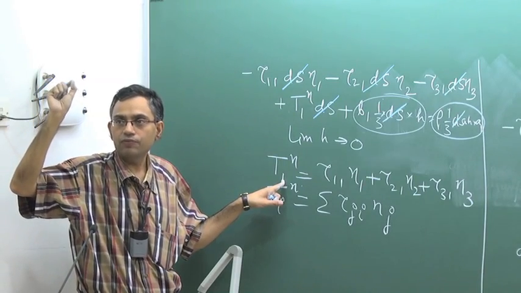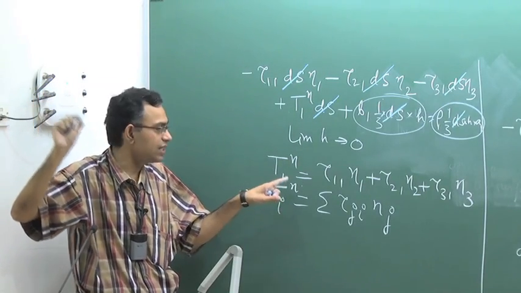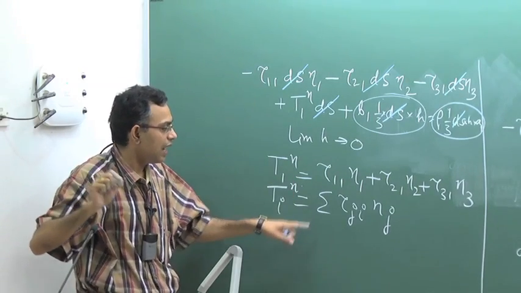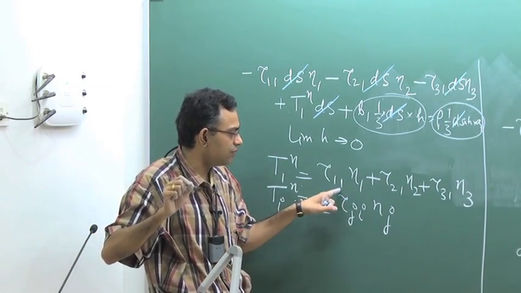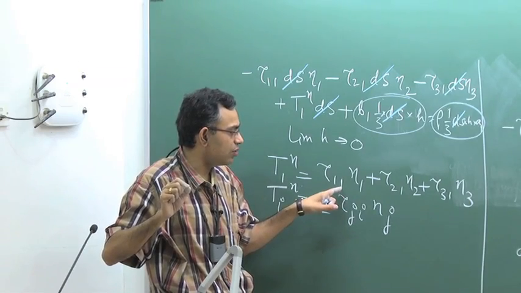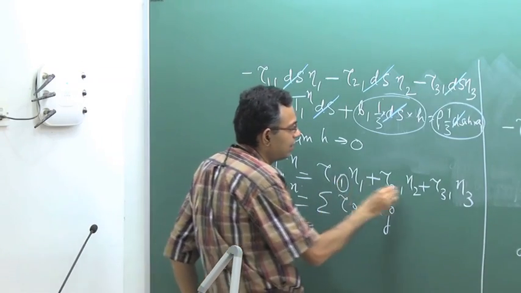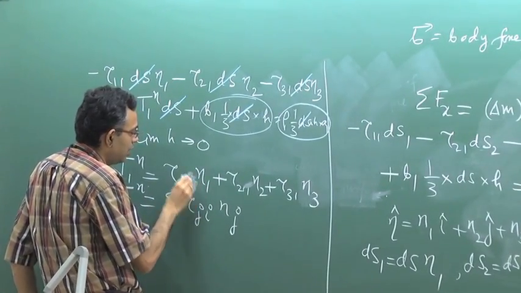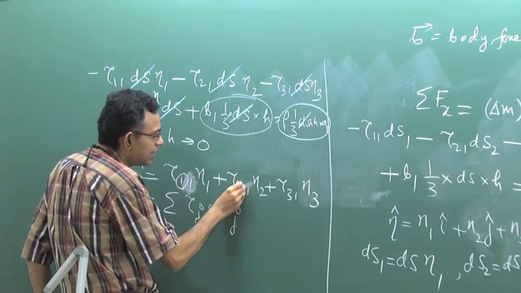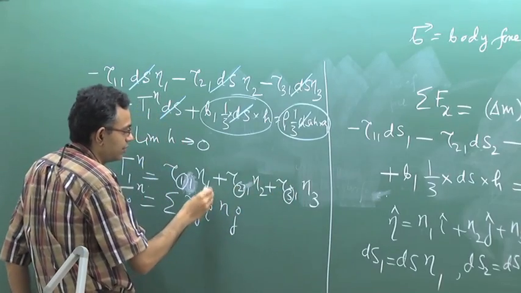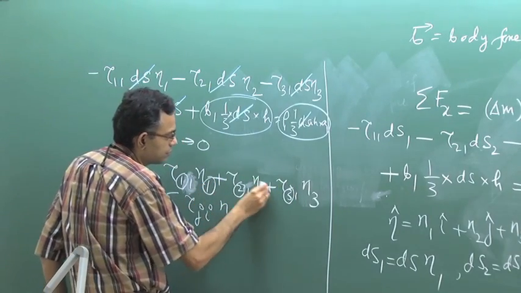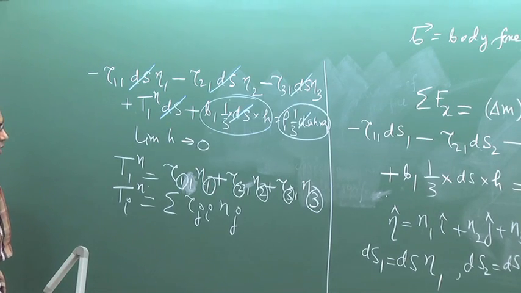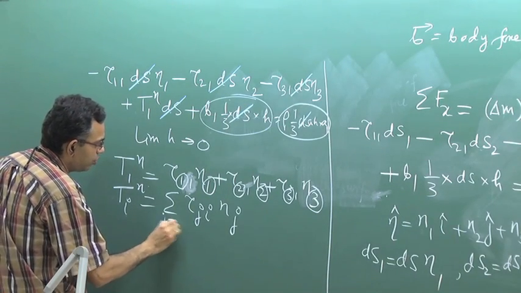So instead of force balance along x, you just write force balance along i, and the remaining term is a summation over j for j equal to 1 to 3. This is j equal to 1, this is j equal to 2, and this is j equal to 3.